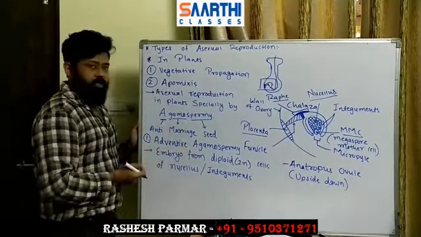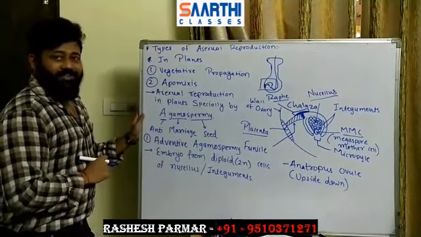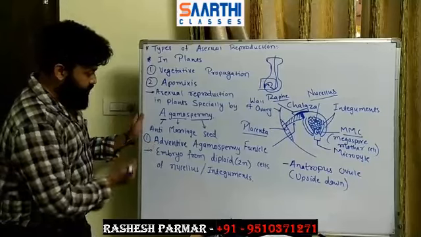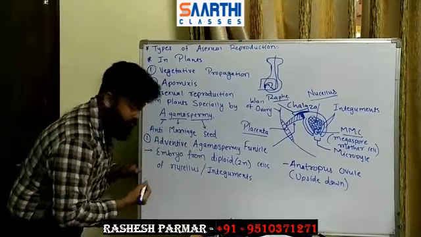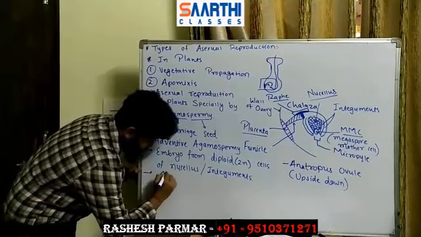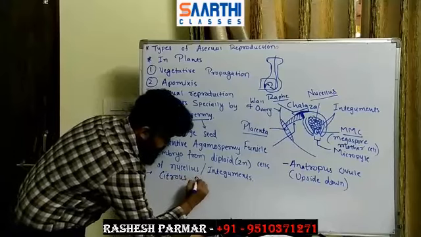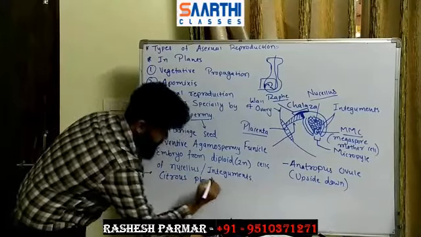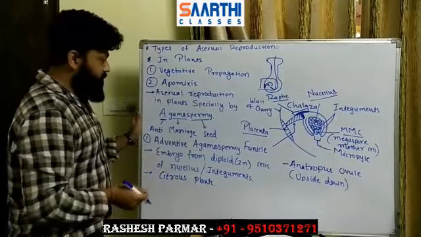That's why it is called apomixis, and that's why it is called asexual reproduction. Adventive agamospermy is most commonly seen in citrus plants. So that is the first type.